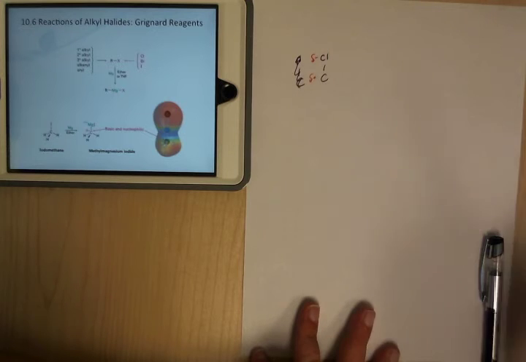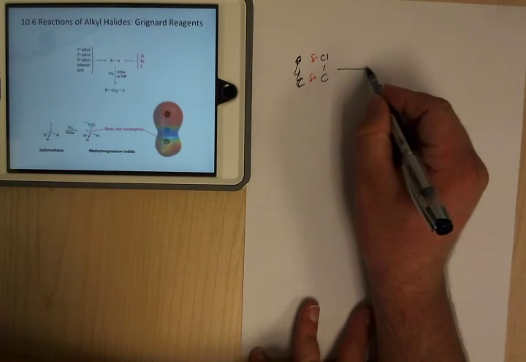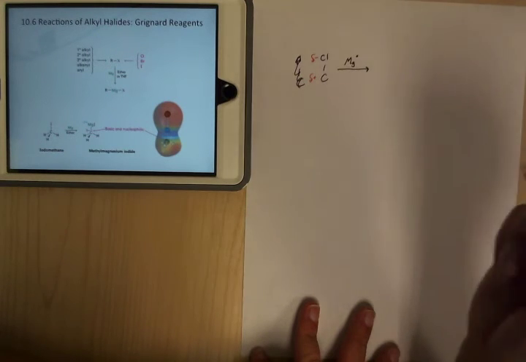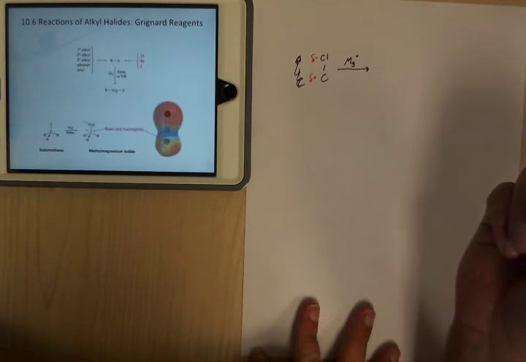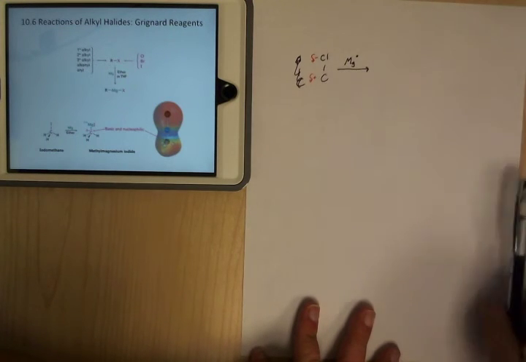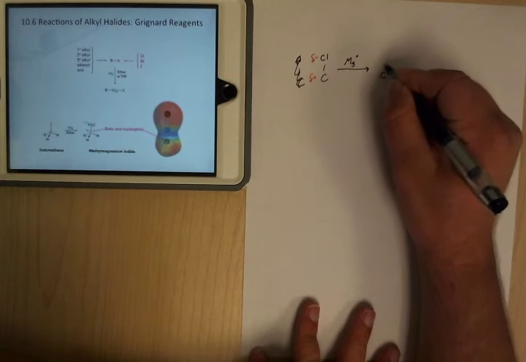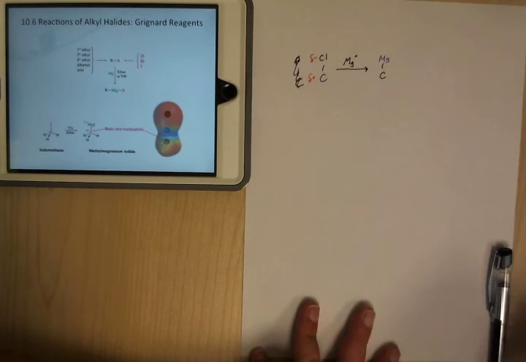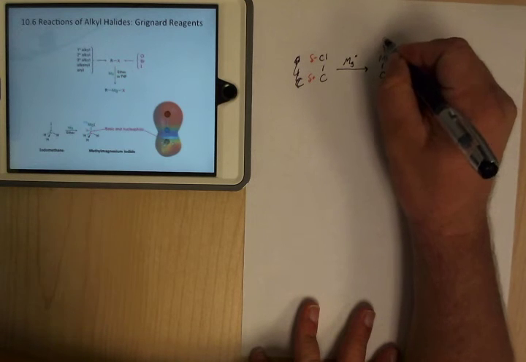So electronegative, electropositive. And to make a Grignard reagent, you literally just mix it with magnesium, just magnesium metal, like so. Magnesium turnings, whatever. What that does is it inserts itself between the carbon and the halide.